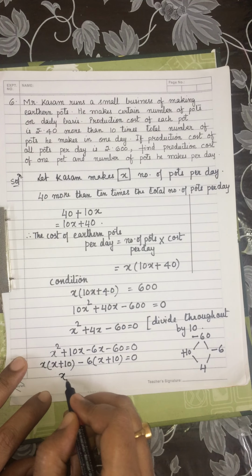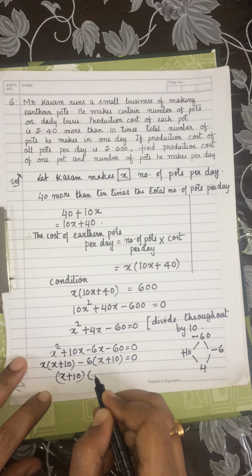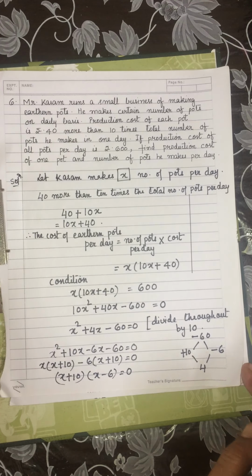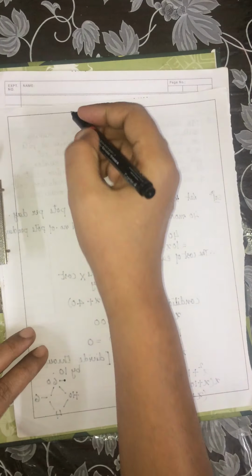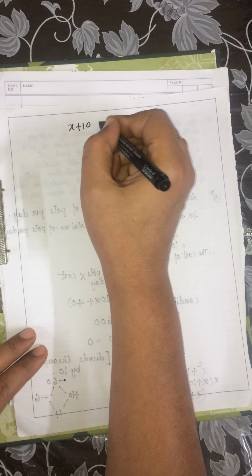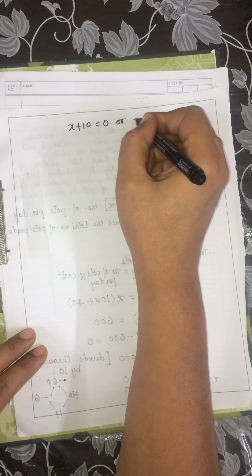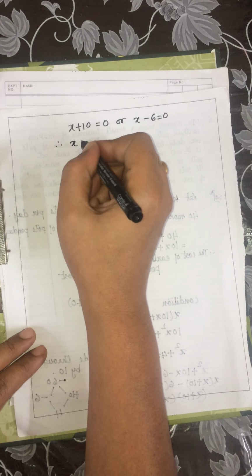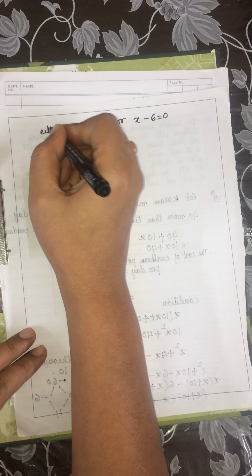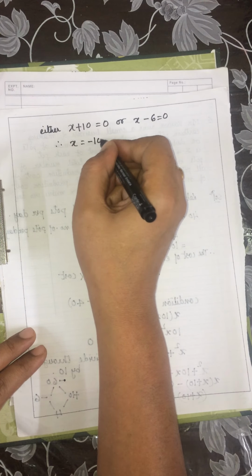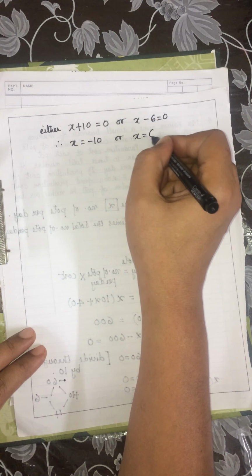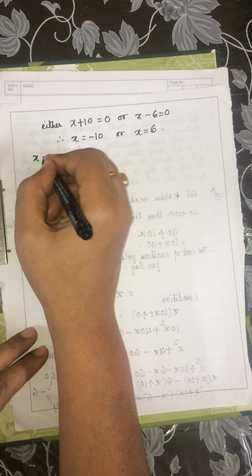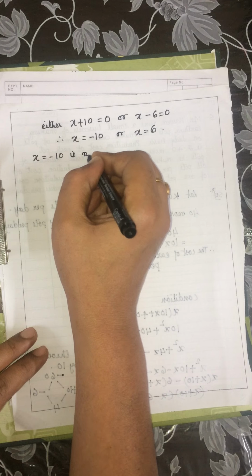So what will we get? x plus 10 and x minus 6 equal to 0. So x plus 10 is equal to 0 or x minus 6 is equal to 0. Hence it is either or, children, either or, x is equal to minus 10 or x is equal to 6. x is equal to minus 10 is not acceptable.